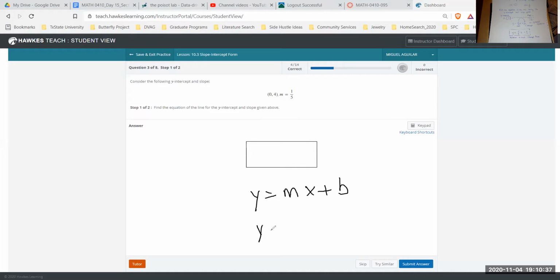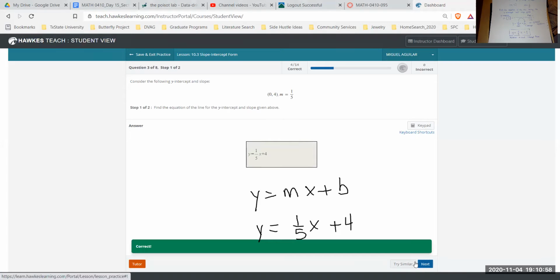Y equals 1/5 x plus 4. Yeah. And there's nothing more to it. So I can go ahead and type that in as 1/5. Don't forget the x plus 4. Submit the answer. And you can just do that all day.